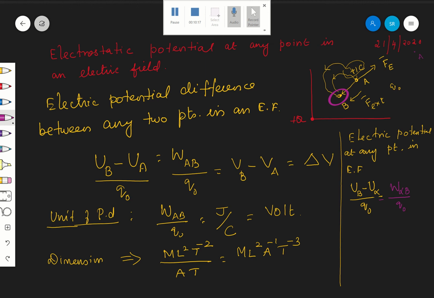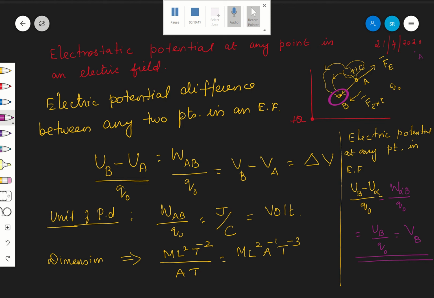Are you following? That is nothing but UB by Q naught, because U infinity is zero, that is VB. Therefore you are getting electric potential at any point by considering A outside the electric field.